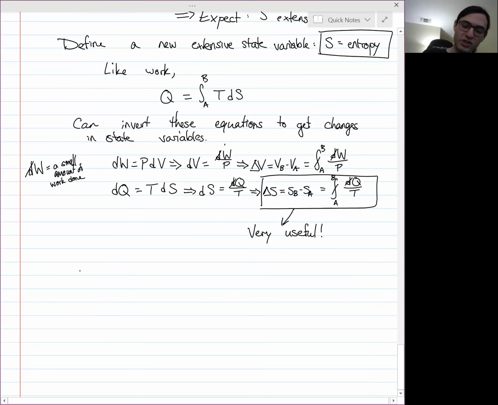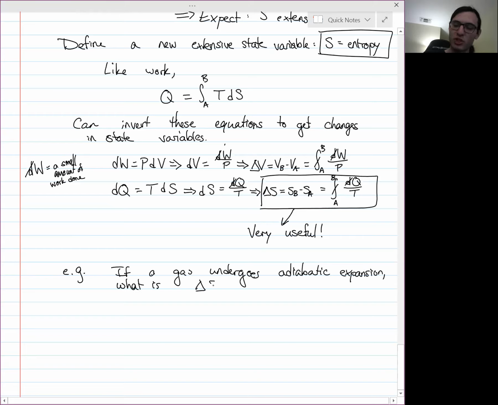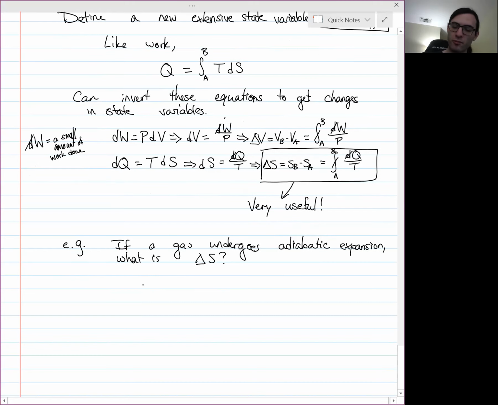So let's just look at an example. If a gas undergoes an adiabatic expansion, what is delta S? How much does the entropy change by? Well, for an adiabat, there isn't any heat at all. So during any small instance of the adiabatic process, the amount of heat added is 0.